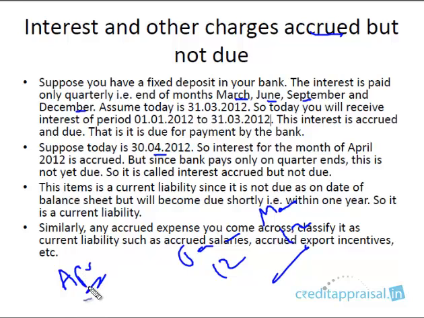There is some interest due to you for the month of April, the 1st April to 30th April. But the payment is not due. The bank will pay only on the quarter ends of March, June, September, and December. So this will be paid on June 30th. So this interest portion is accrued, but it's not due. Those sort of items are known as interest and other charges accrued but not due, and you're going to classify this as a current liability.